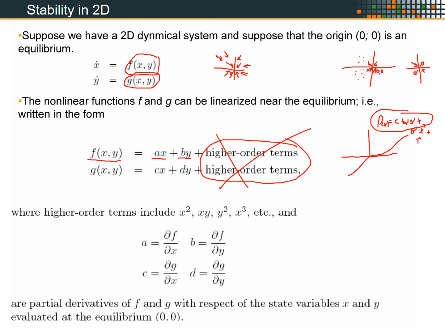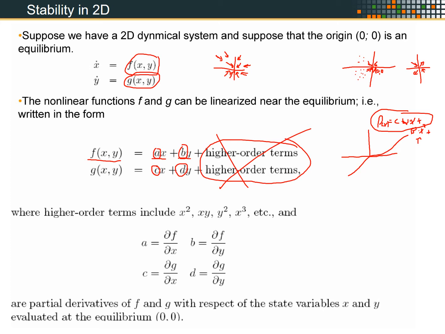That means the entire function is now described by 4 parameters: the parameter a, the parameter b, the parameter c, and the parameter d. And these parameters need to be determined from the original function. When we learned about Taylor series expansion, we learned that these parameters correspond to the slope of the function.